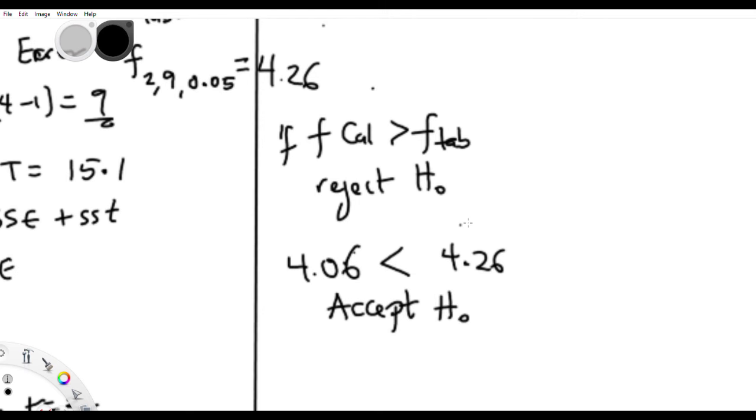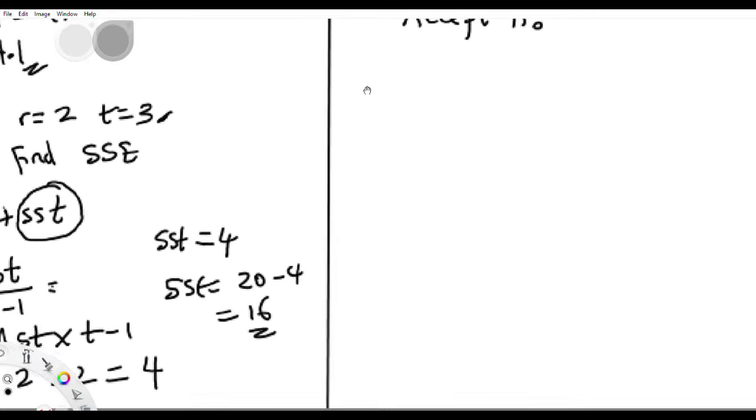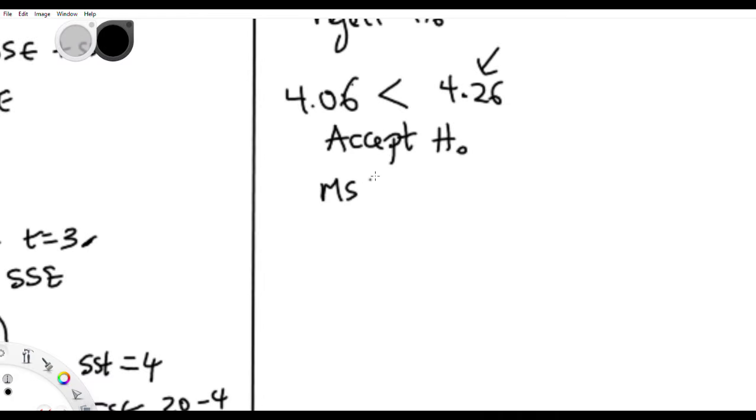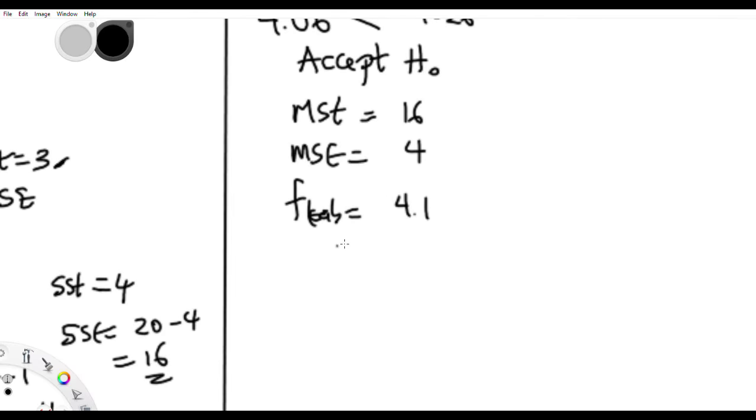So how would questions come in this form? You might be given the F tabulated, and the question might go on to say if the mean square treatment is 16, and the mean square error is 4, and the F tabulated is 4.1, in this hypothesis, are we to reject or to accept?